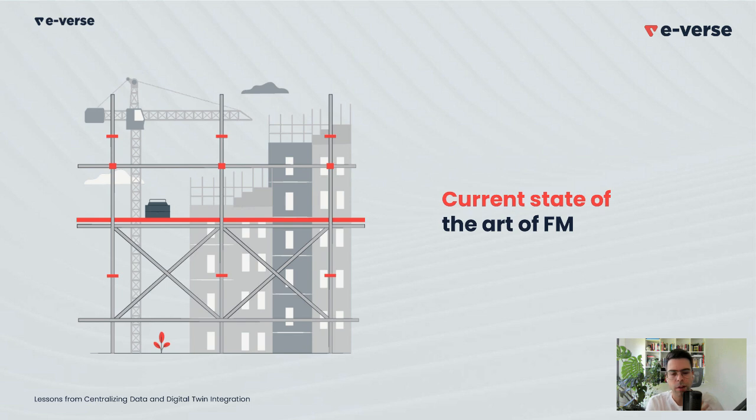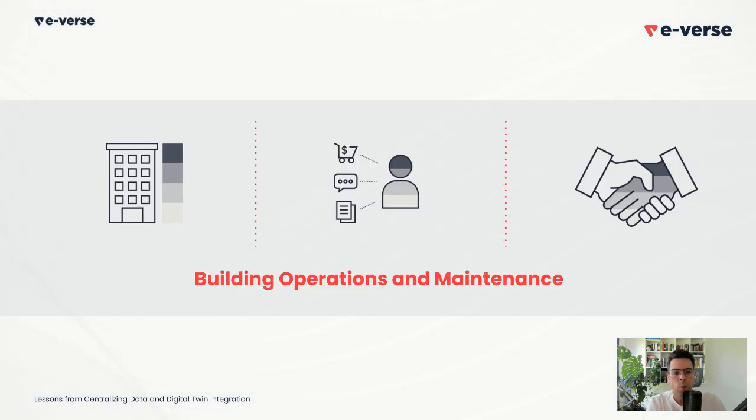So, to give a little bit of background on facility management, let's look at the current state of FM. When we consider building operations, we just take into account a building, trying to maintain the building as cheaply and efficiently as possible for the people living in the building or using the building in some sort of way.